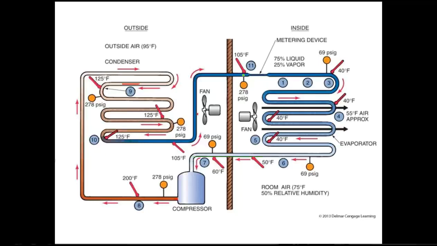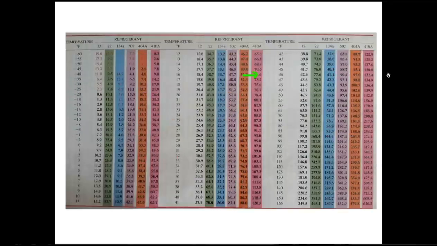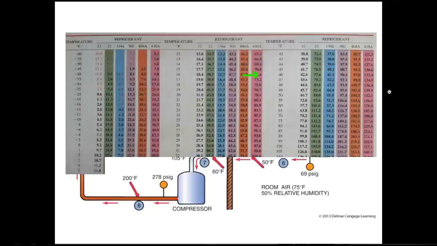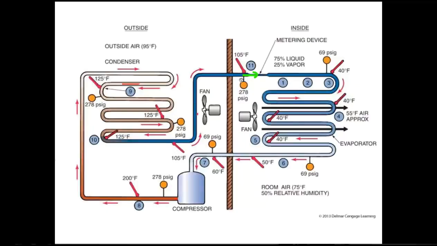We are going to start with 100% liquid refrigerant entering the metering device. And for the sake of this webinar, let's think about our metering device as a restriction in our line right here.